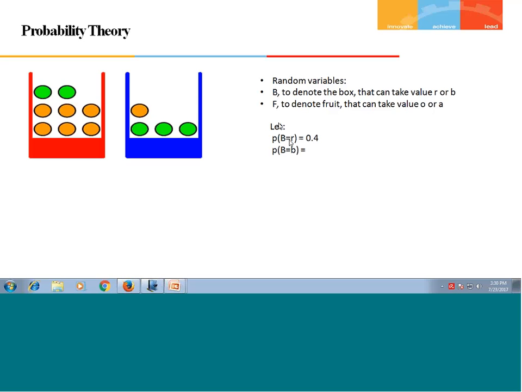The probability that random variable B takes the value small r, that is red, is 0.4. And the probability that small b is assigned to random variable capital B is 0.6.